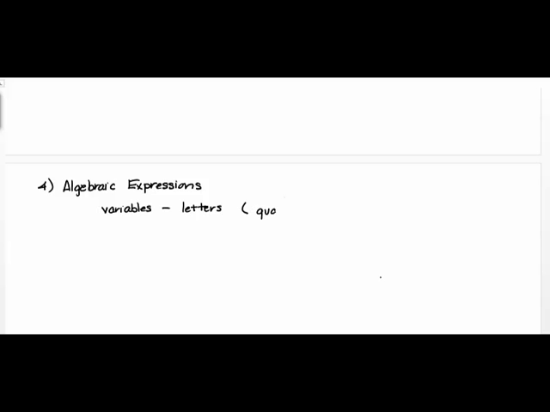So these quantities can change. And then we have constants. And these are represented by our numbers. And basically our quantities are constant. They don't change.